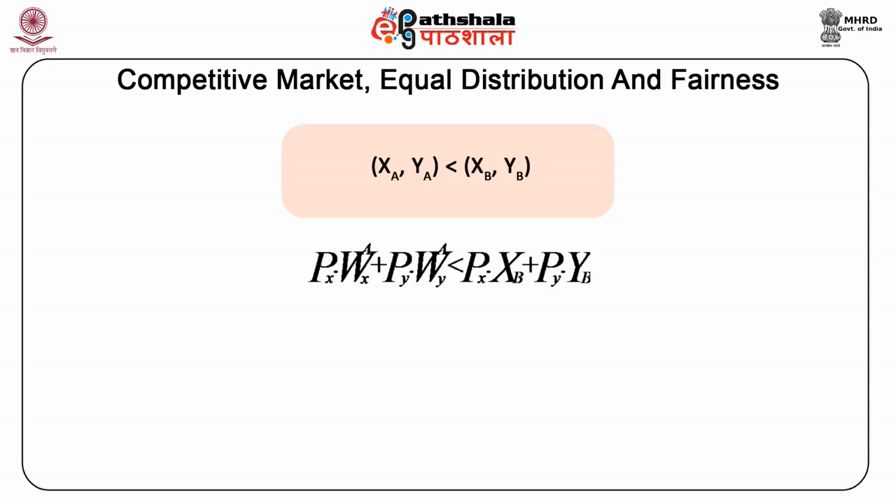But if A's own bundle is the best bundle that he can afford at prices Px, Py, then B's bundle being preferred over his own means B's bundle must be unaffordable at Px, Py for A, that is, given the initial endowment of A, which determines A's income at any prices.